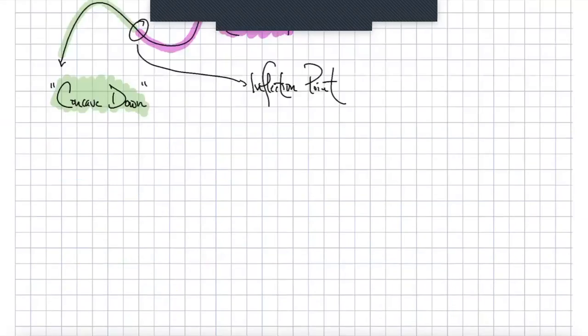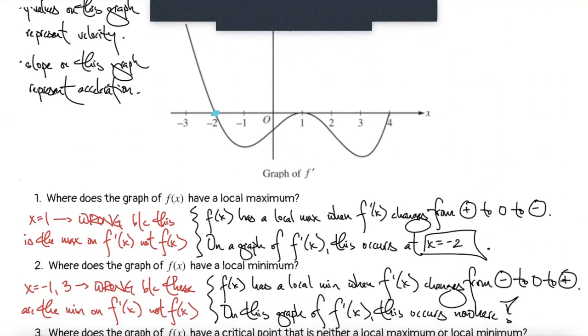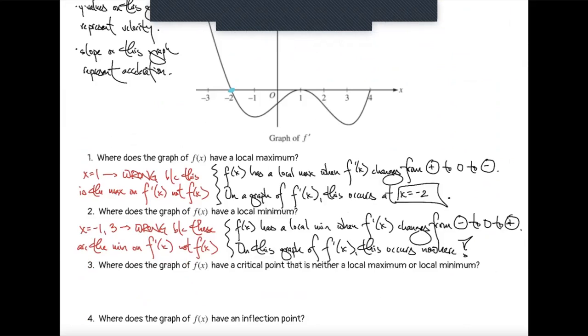Well, let's see what's happening on this graph. Are there any places where the graph has positive Y values and then 0 and then positive? No, okay. Are there any points on the graph where the Y values go from negative to 0 to negative?